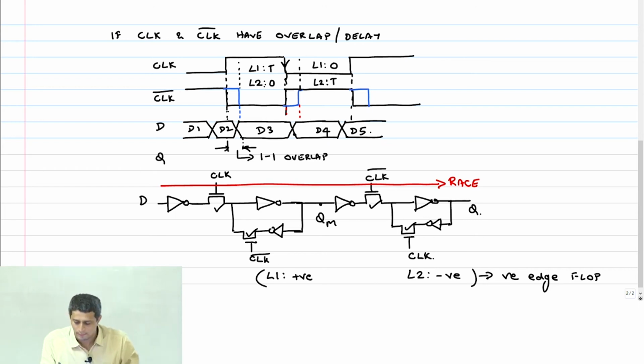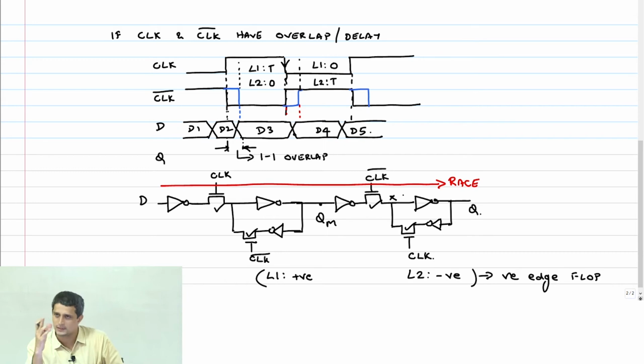So you see what happens after this particular period here, right? L1 is going to become transparent after the 1-1 overlap, correct? And L2 will become opaque, which means it's going to hold the data. So suppose the data actually crossed this point here. If the data came all the way till here, then you are done.